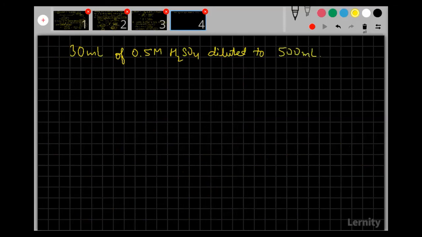Calculate the molarity, it's capital M, of 30 ml of 0.5 molar sulfuric acid diluted to 500 ml. This will be the last question for today.